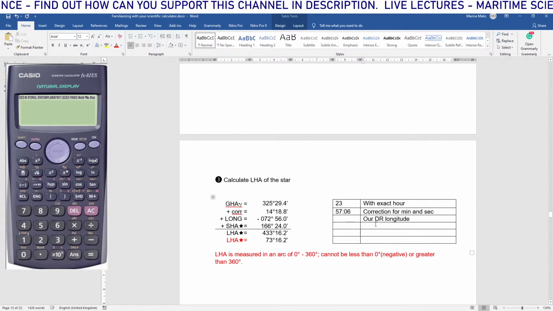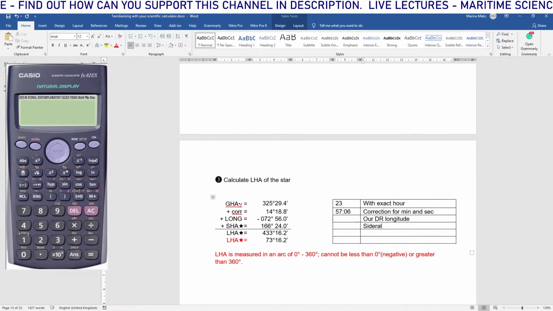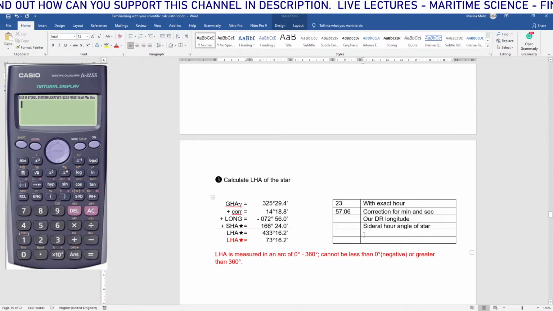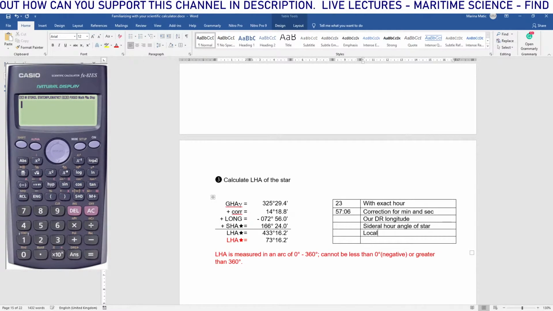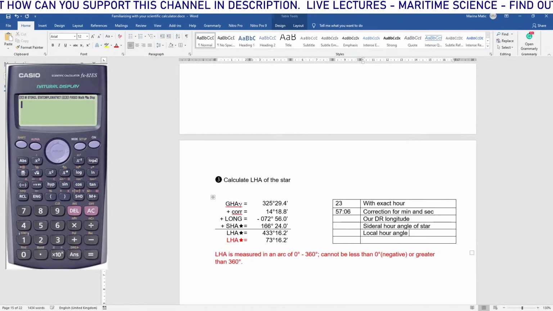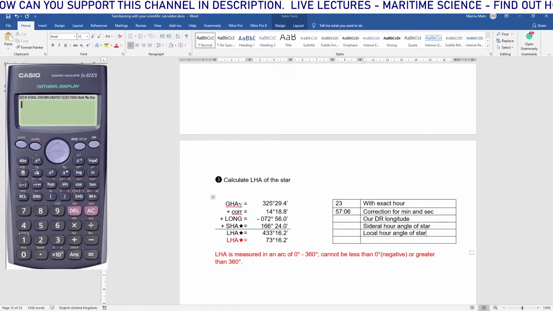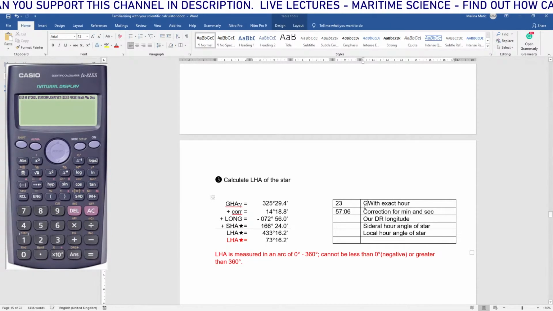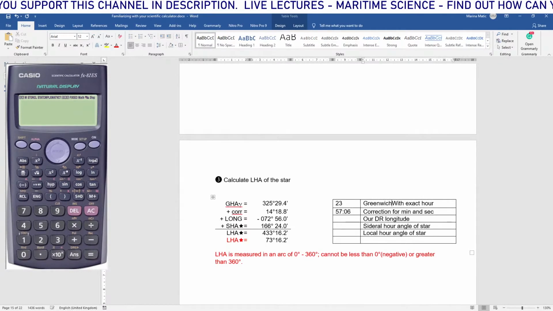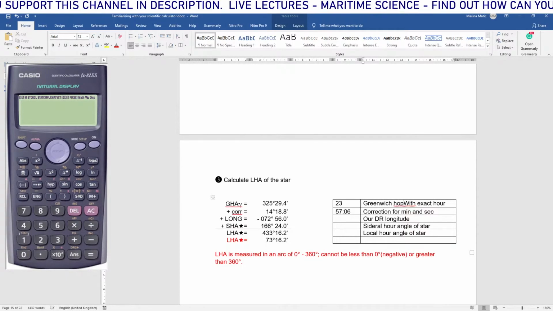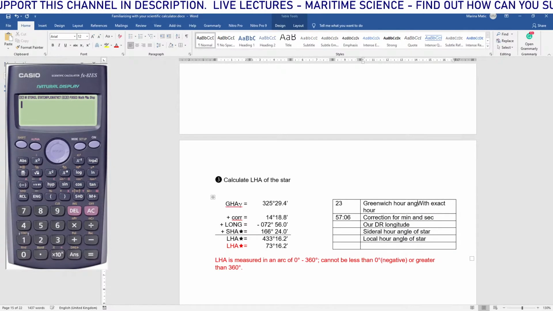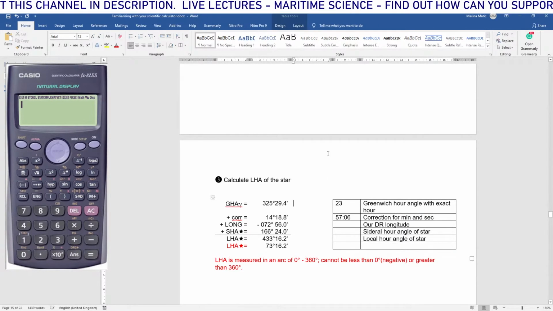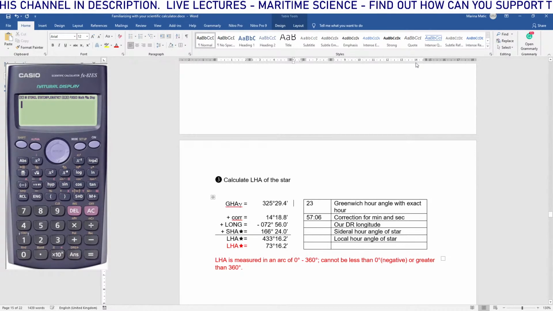This is sidereal hour angle of star, and this is local hour angle of star, and this is Greenwich hour angle with exact hour. So let's reduce this.